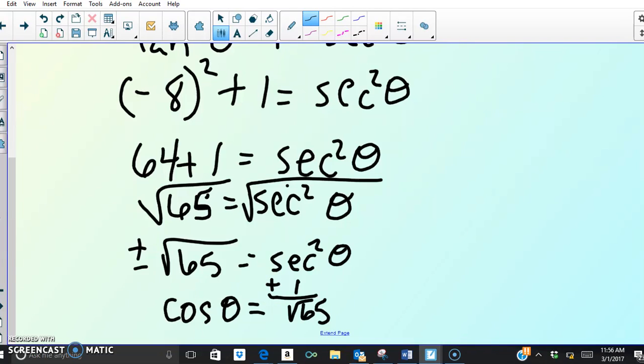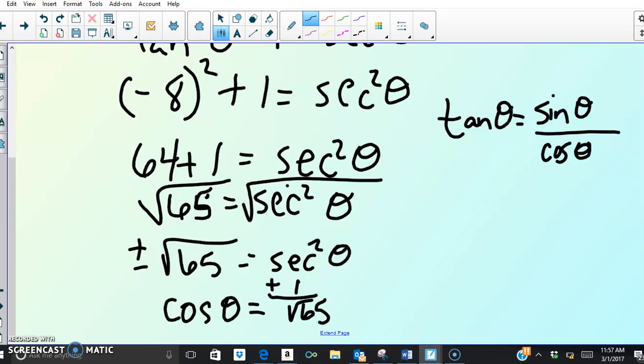Now, we know tangent theta equals sine theta over cosine theta. So we can plug in tangent. We have that. That's -8. Cosine theta, we just found that. It's plus or minus 1 over the square root of 65.